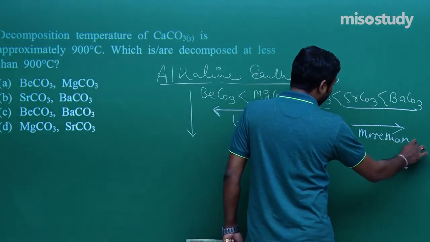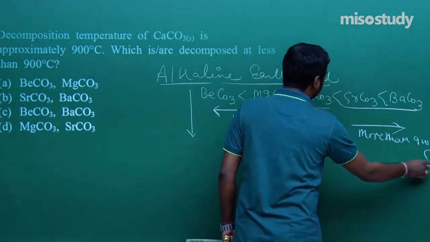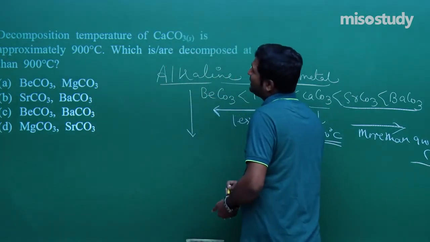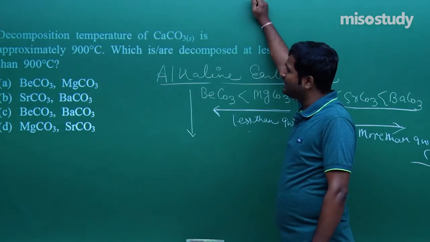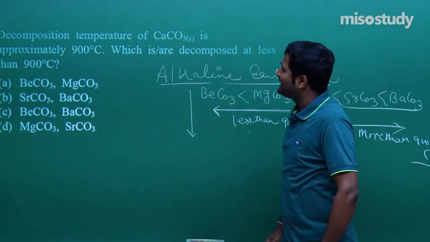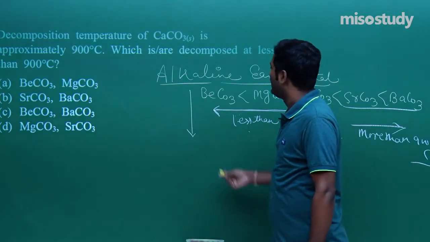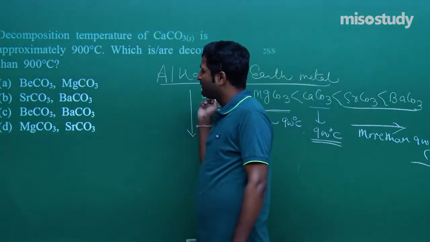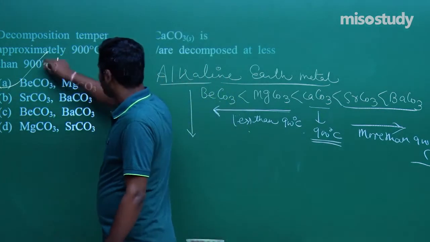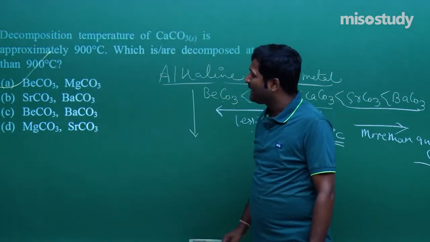If I take CaCO3 as a parameter, what is the question? Which decompose at less than 900? Less stability, so it will decompose easier, and the answer is BeCO3 and MgCO3.